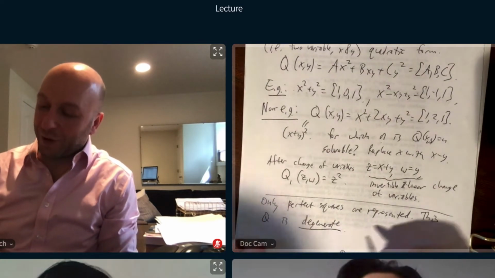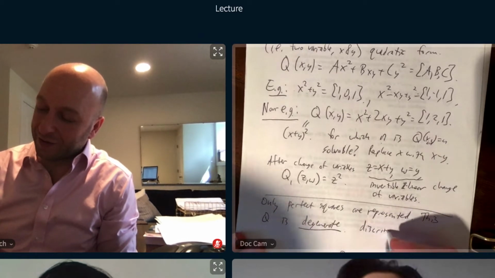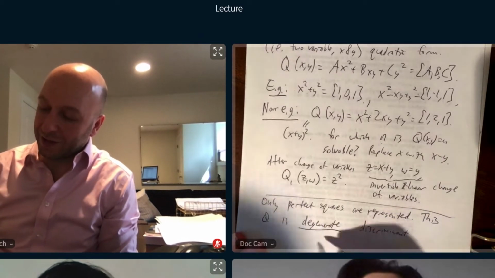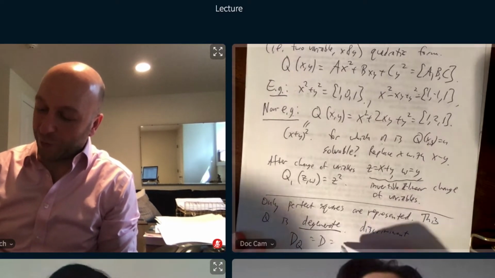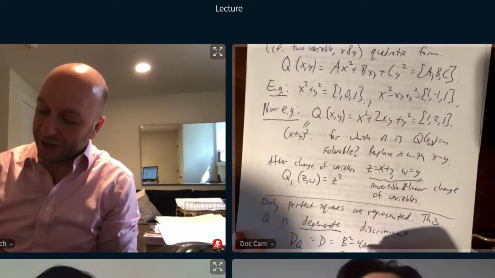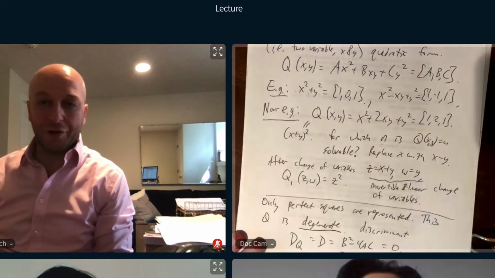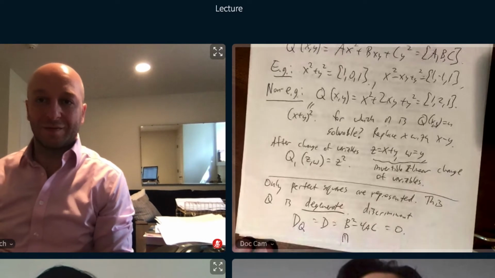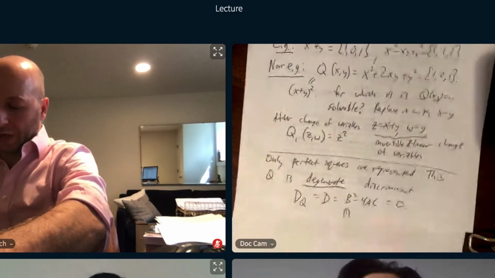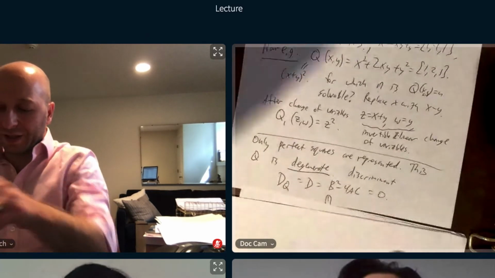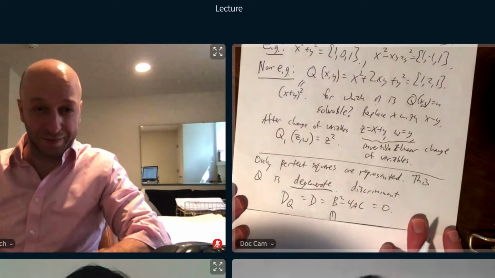The degenerate ones are the ones with discriminant zero. The discriminant, let's call this d sub q, or just d, is of course b squared minus 4ac. And if that's 0, then the quadratic form is a perfect square. Now what's happening? You remember we had this discussion of quadratic forms versus quadratic polynomials.